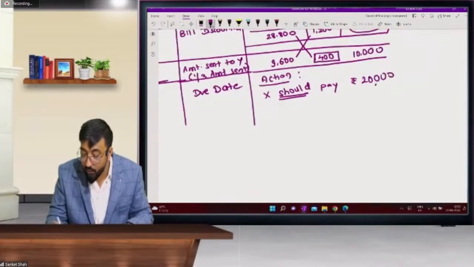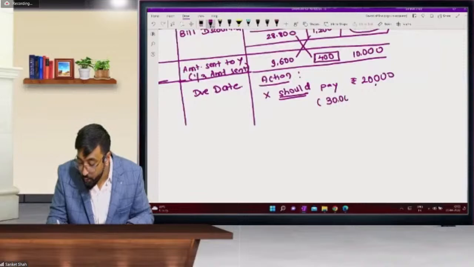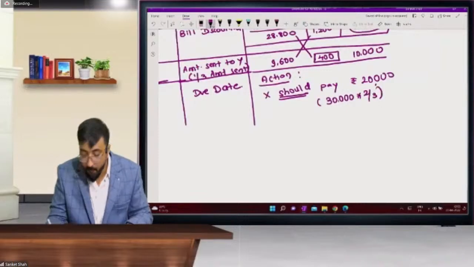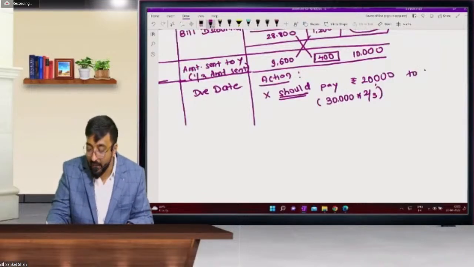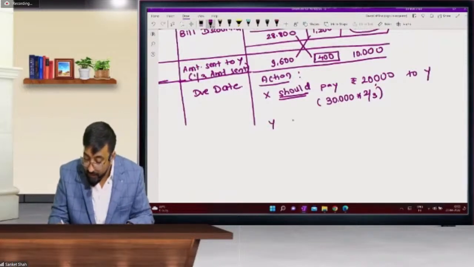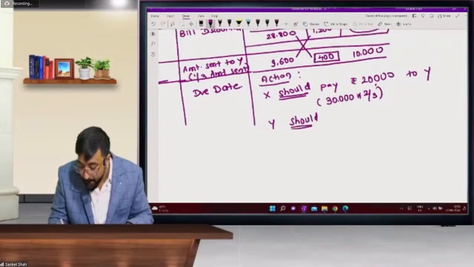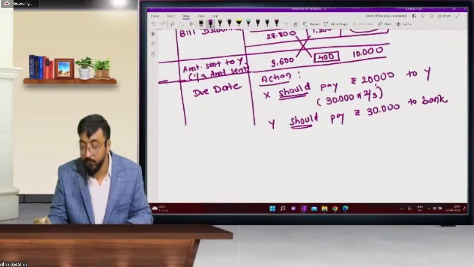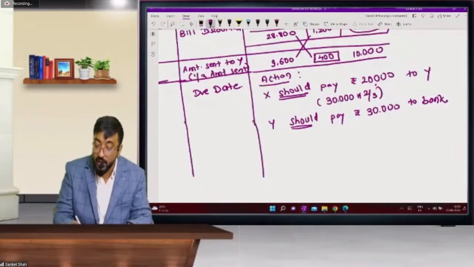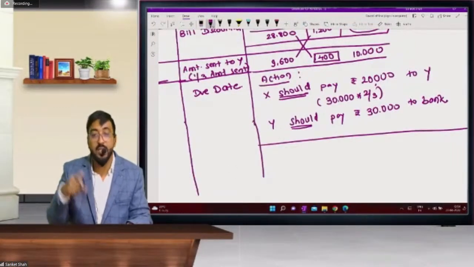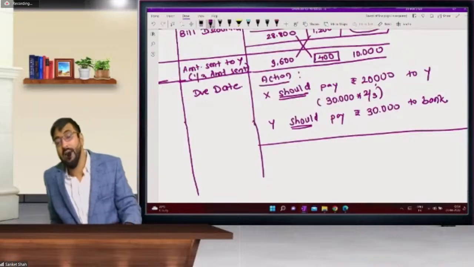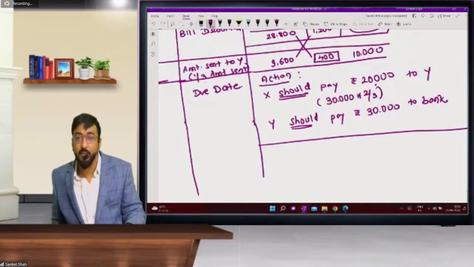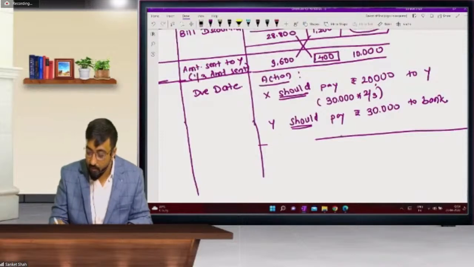Beta, how 20,000? 30,000 into 2/3, to Y. And then Y should pay rupees 30,000 full amount to bank. ये एक्शन होनी चाहिए थी ड्यू डेट पे. X should pay 20,000 to Y and Y should pay 30,000 to bank.